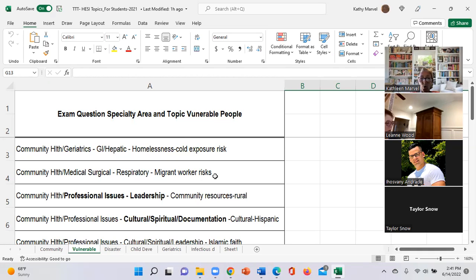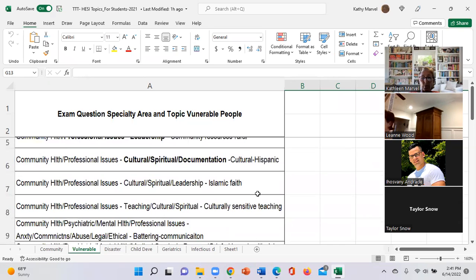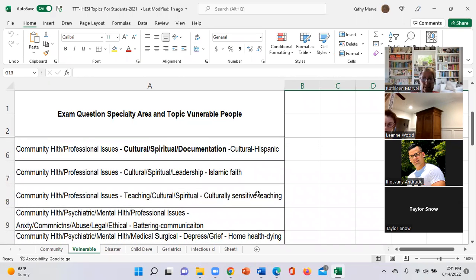Next is migrant worker risks. That's in your study guide. Community resources, rural, that's in your study guide. Culture, Hispanic. Hang on one second.